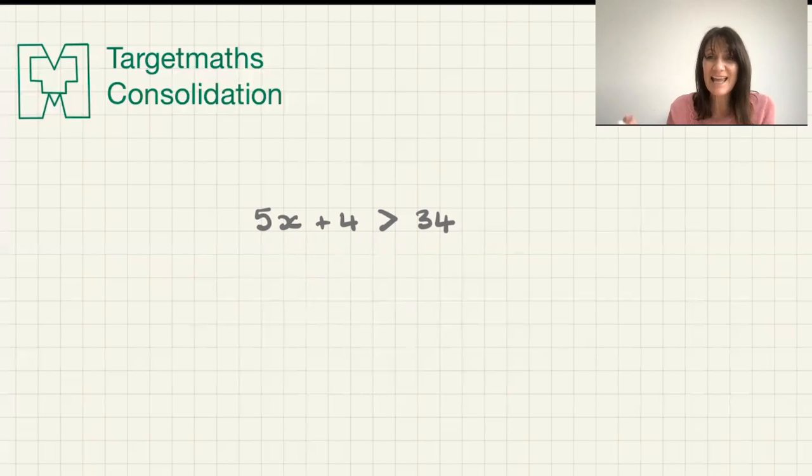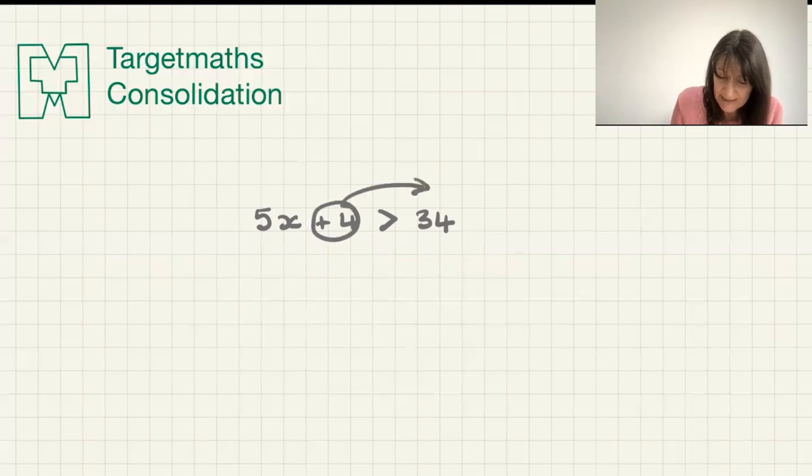It's hopping. I need to get x on its own if I want to know what it's worth. So I don't change actually anything. I'm still hopping. I'm just hopping over a greater than symbol instead of an equal symbol. So my plus 4 is going to land as minus 4, and I've got 5x is greater than 30.